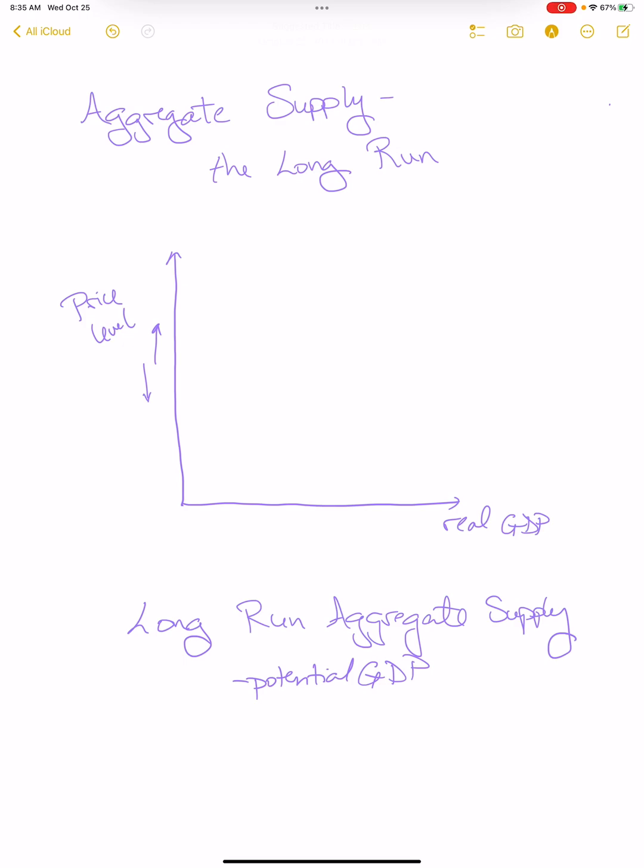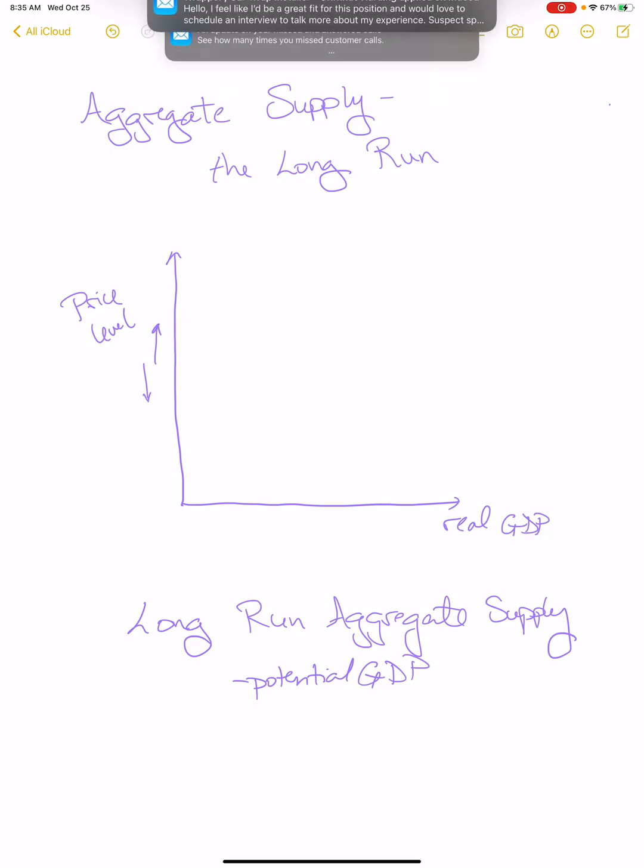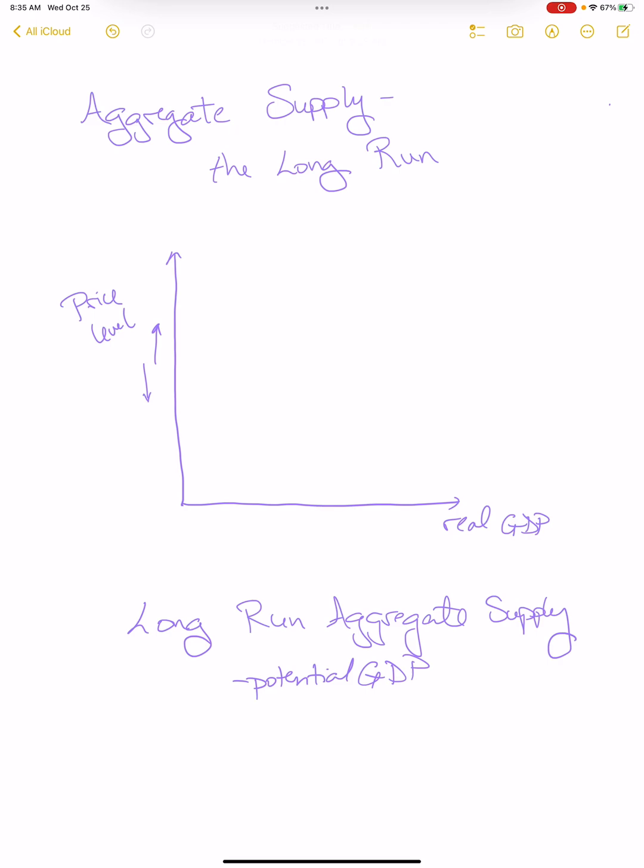If you think back to the last set of videos with the production possibility frontier, we talked about being on the curve as being efficient. This means that you are using all of your resources wisely. Everything is essentially being used or employed the way that you would expect it.